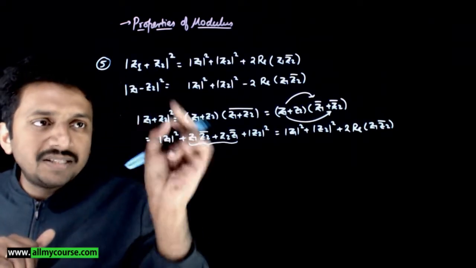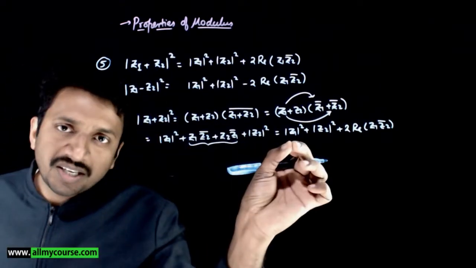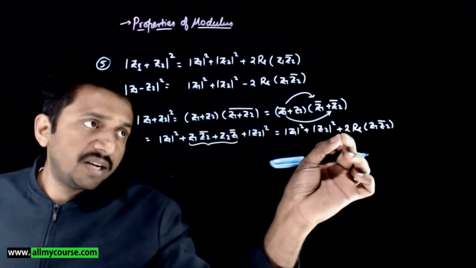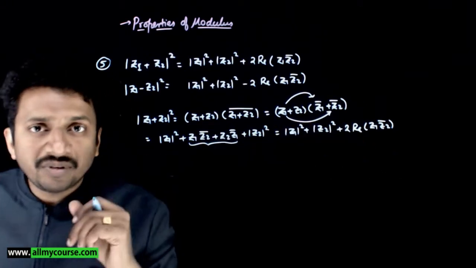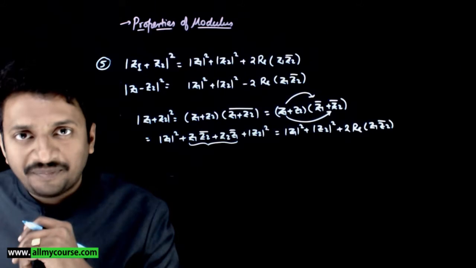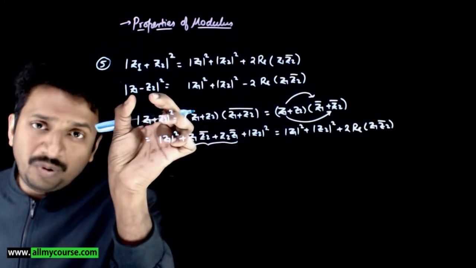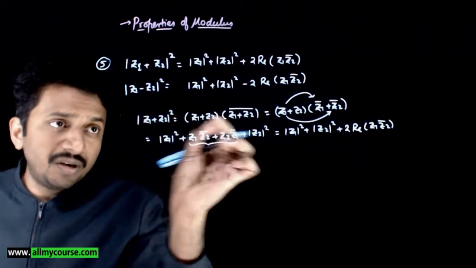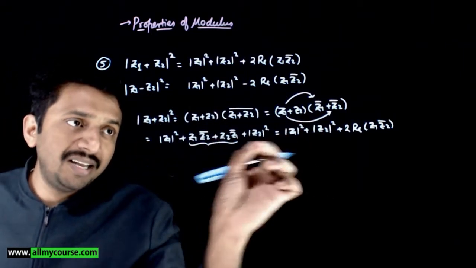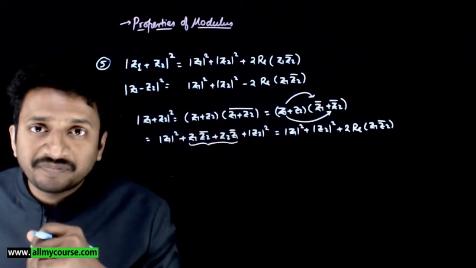So z1 plus z2 whole square is equal to mod z1 square plus mod z2 square plus 2 times real part of z1 z2 bar. Now similarly, you can also prove this. I'm not going to prove that because you just need to put a minus sign here. So you get minus signs here.